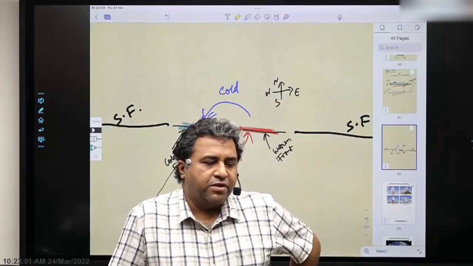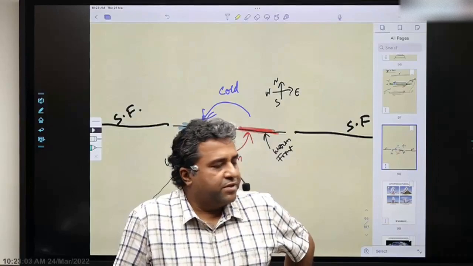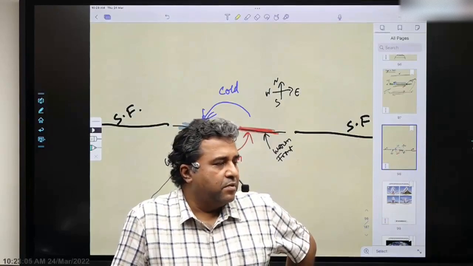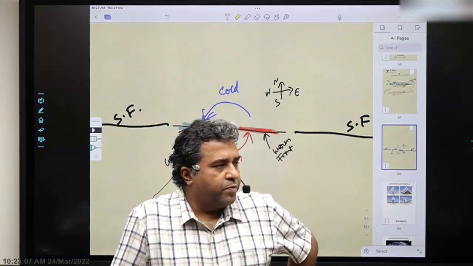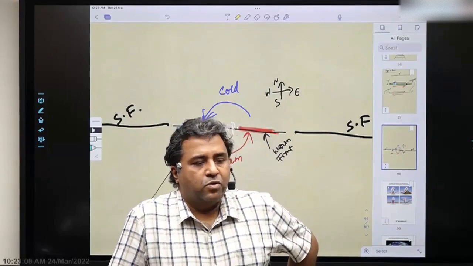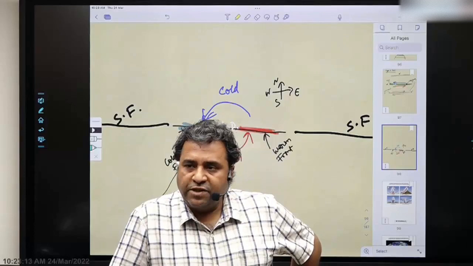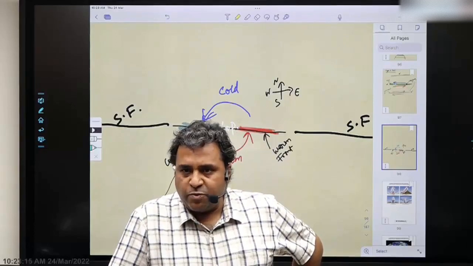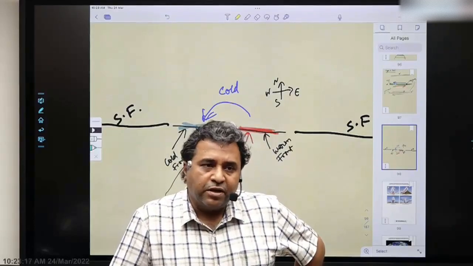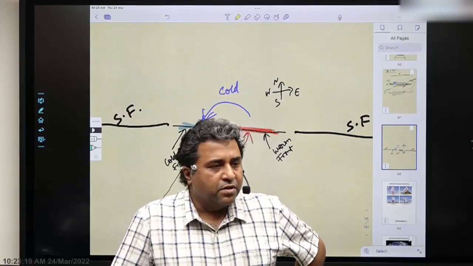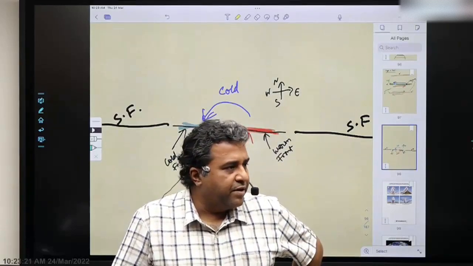Okay, so whatever pressure is there in the upper atmosphere, the opposite of that will happen on the surface over the stationary front. Is this okay?